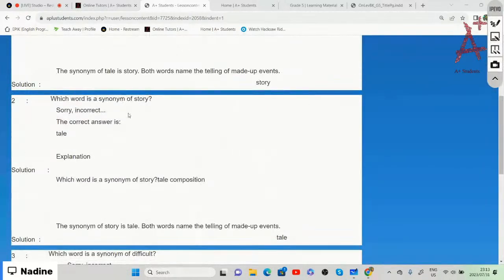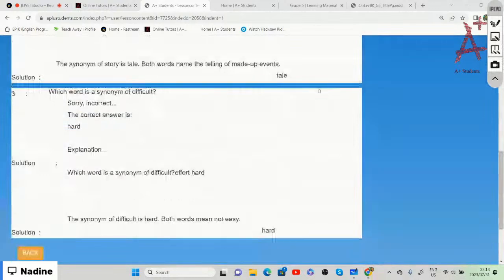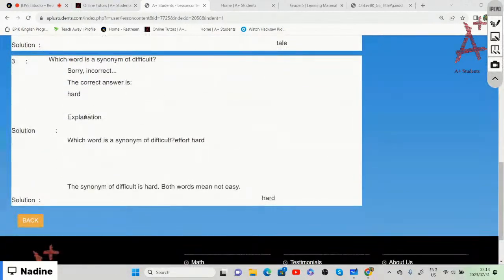And we said that a story and a tale are the same, and the same with difficult and hard. Remember, if something is very difficult, it is also hard, and that means that it is not easy. And with synonyms, especially if you are writing a story or a paragraph or a diary entry, whatever your teacher tells you to write about at school, you can use words that are almost the same in meaning.